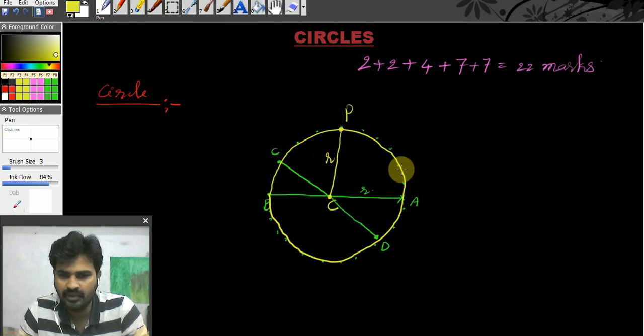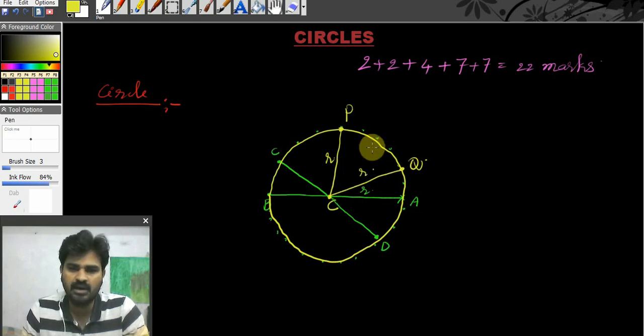If you take a point on this curve, again suppose I have taken the point Q, now count the distance from the fixed point C. Here it will also be r. So this is called the circle.